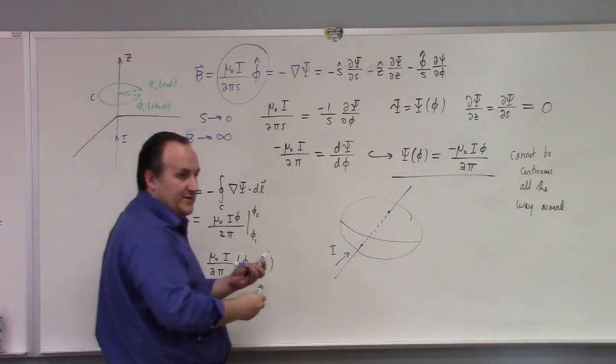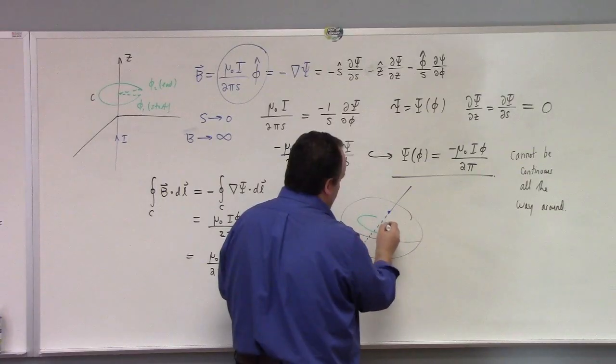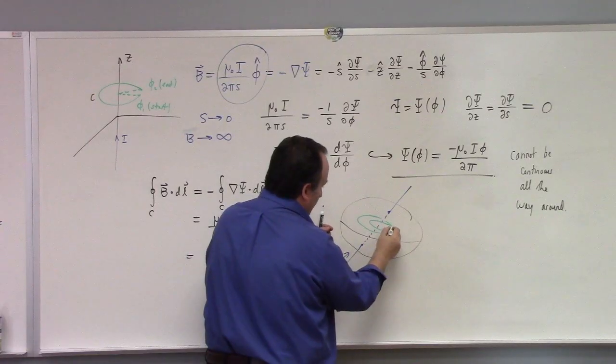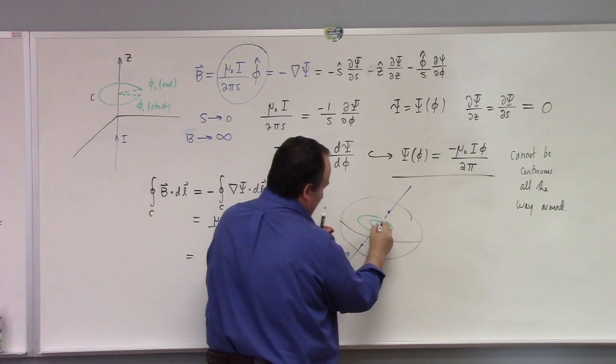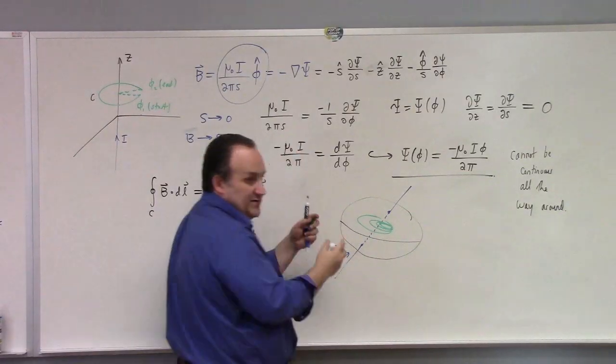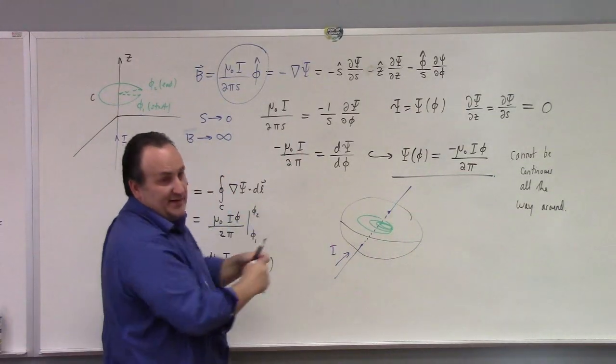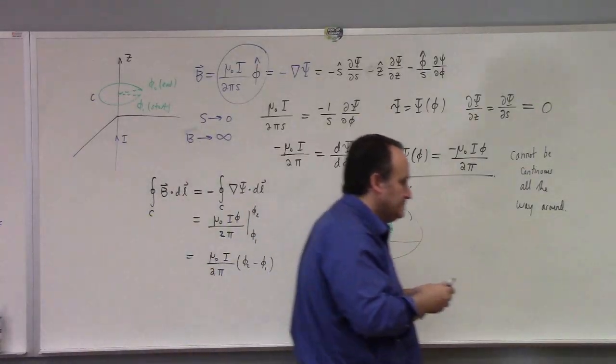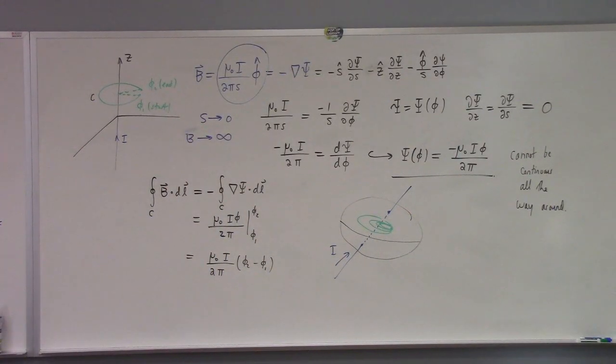If you take a loop that encircles the deletion, there's no way you can smoothly deform that loop to a point over here. You get stuck right there on the deleted part. So you can't collapse the loop to a point. It's not simply connected. So the issue of finding or not finding a scalar potential for a magnetic field is inherently a topological question. And I don't think we fully understand the import of topology into physics yet. I think we're still at the edge of that, guys.